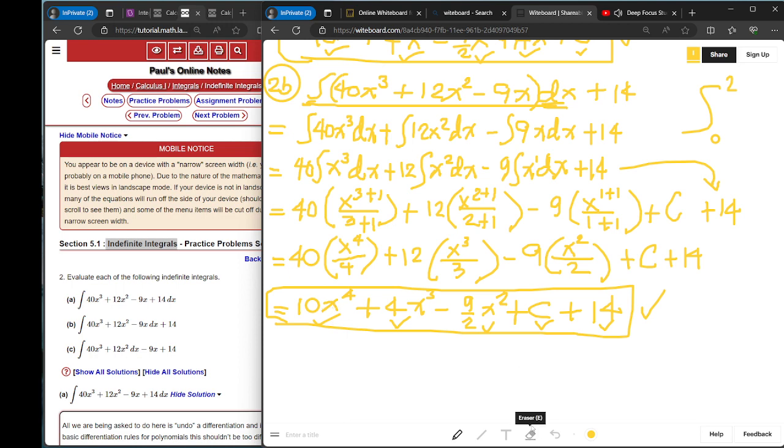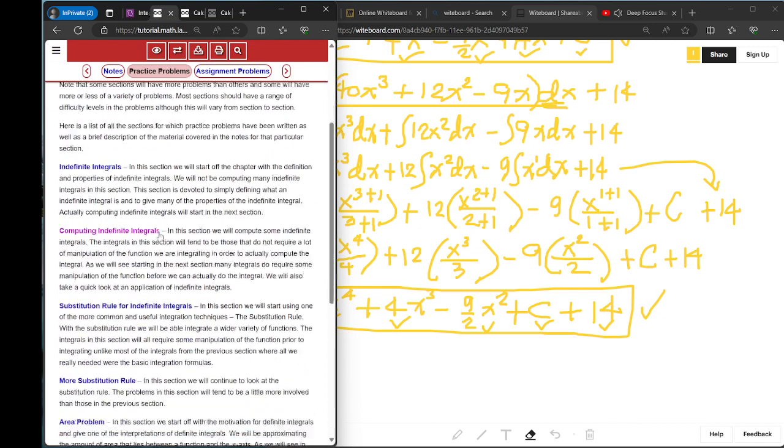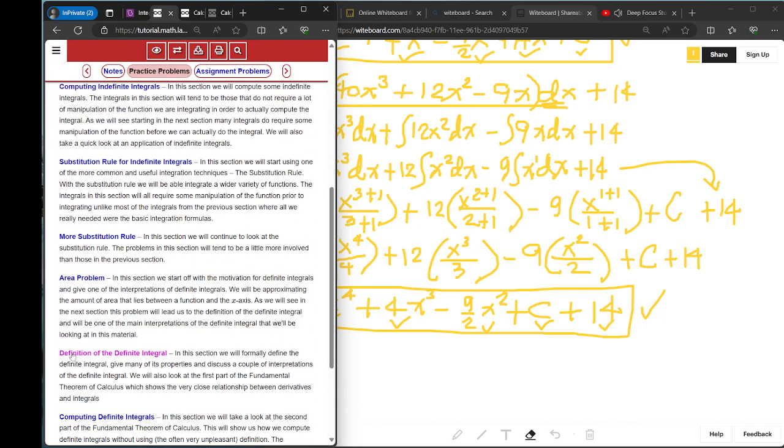But that would be in the problems on definite integrals, and that is also found in Paul's notes.